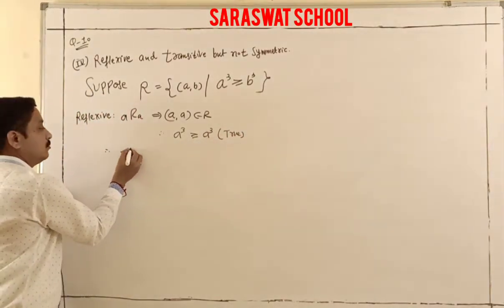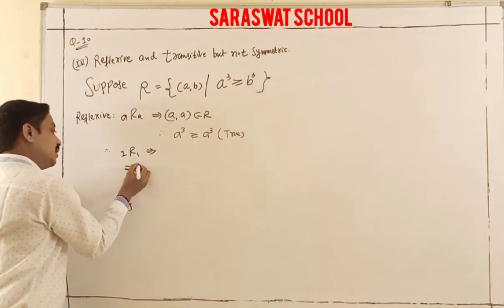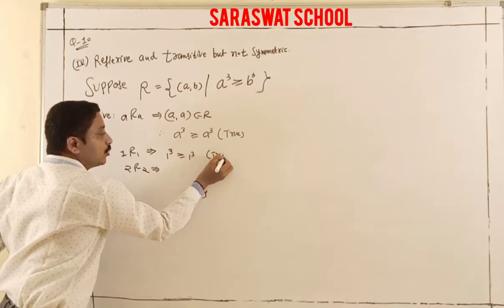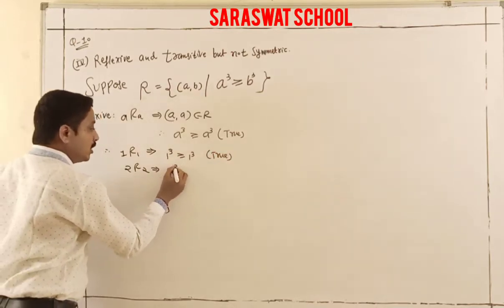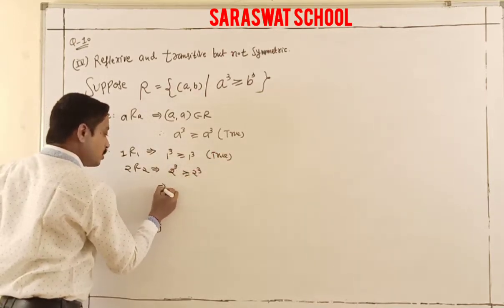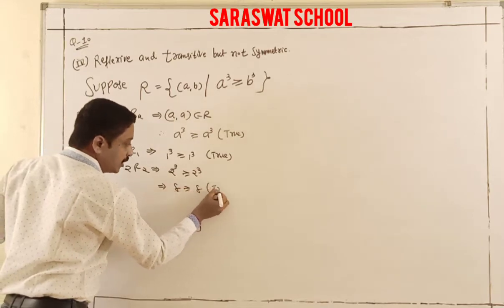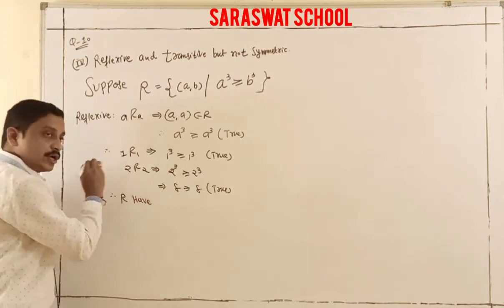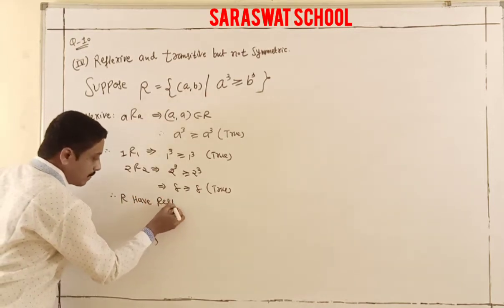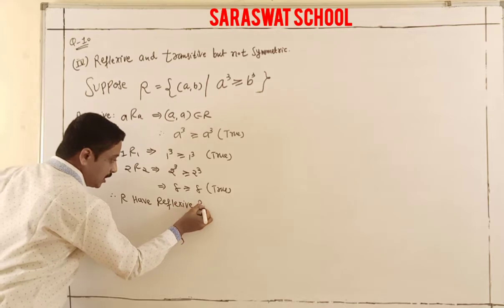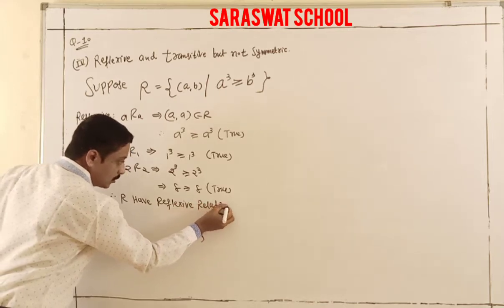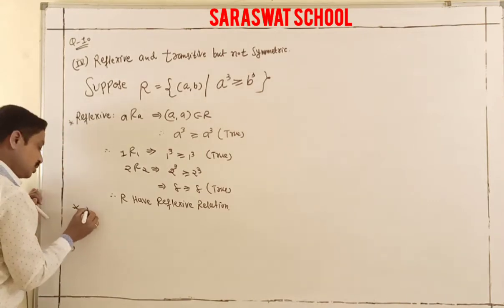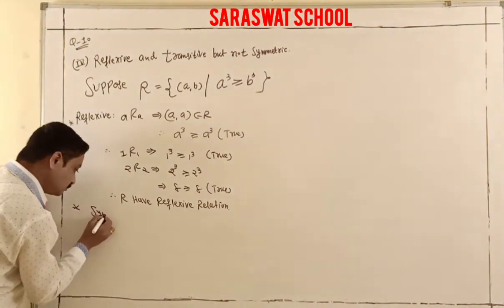Either you write one number or two number: 1 cube greater than or equal to 1 cube, definitely true. 2 cube, 8 greater than or equal to 8, definitely true. So R has reflexive relation. Here our first case is done. Now similarly I go to our symmetric form.